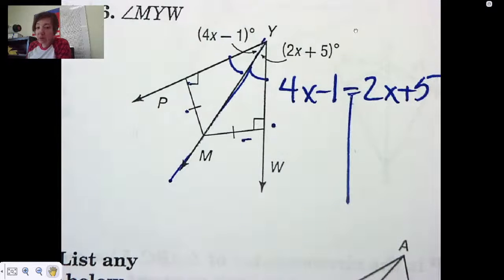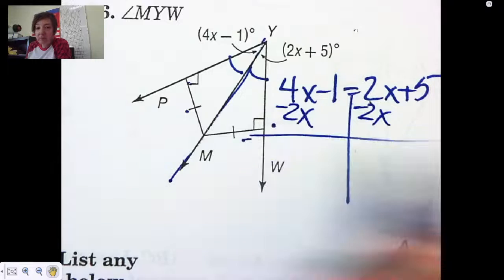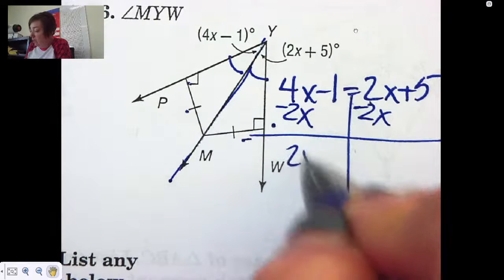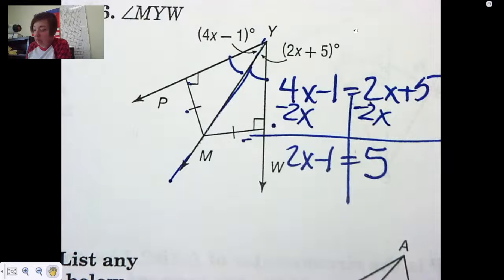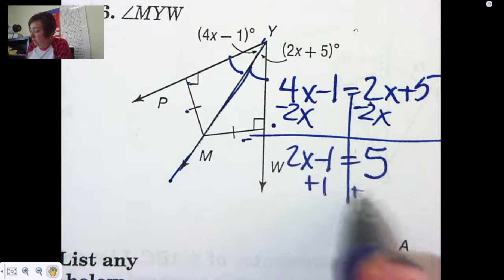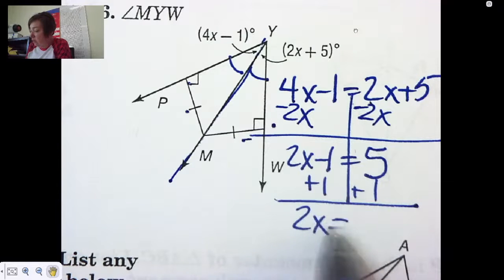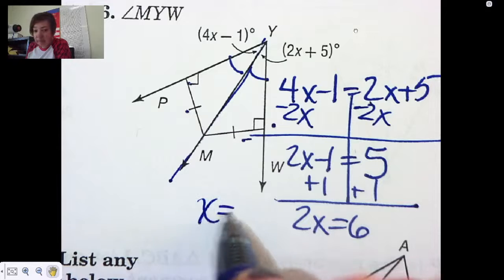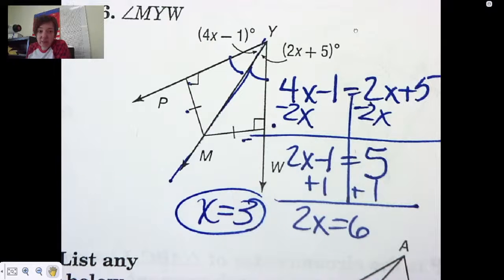So, if we subtract 2x from both sides, that's going to give us 2x minus 1 equals 5. We add 1. 2x is 6. What is x? X is 3. Is that the answer?